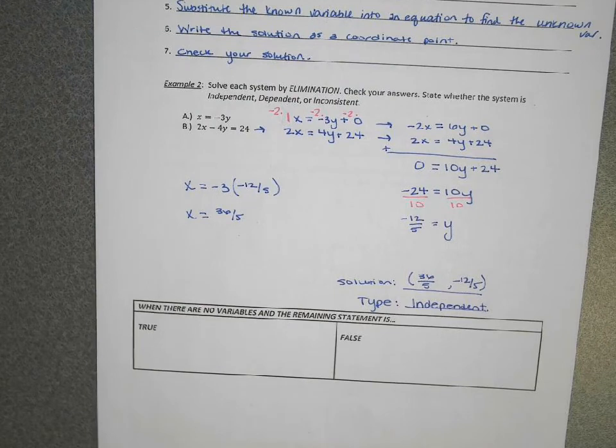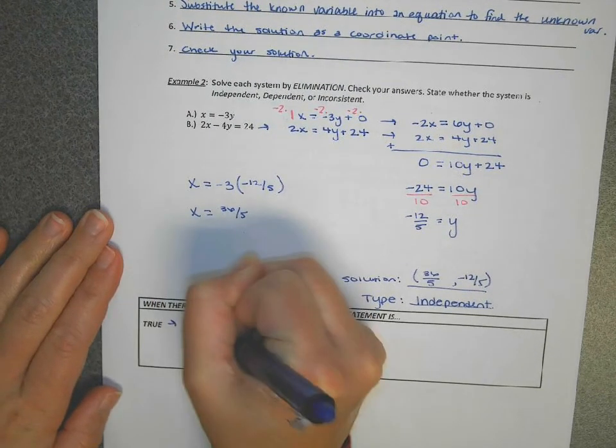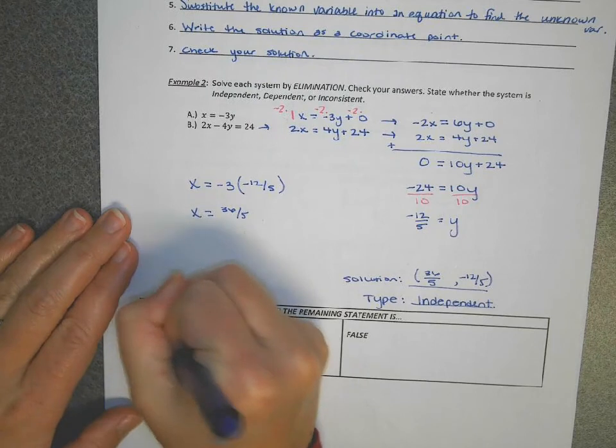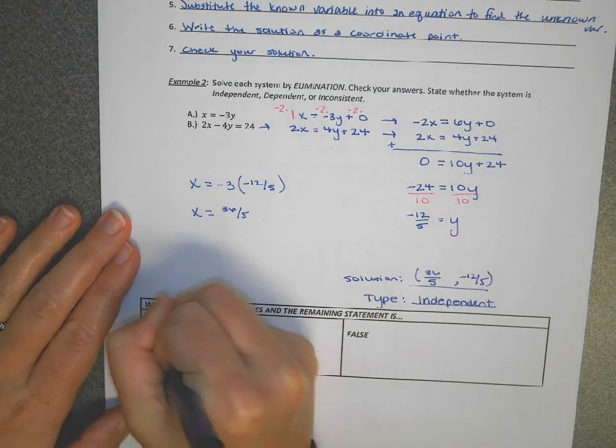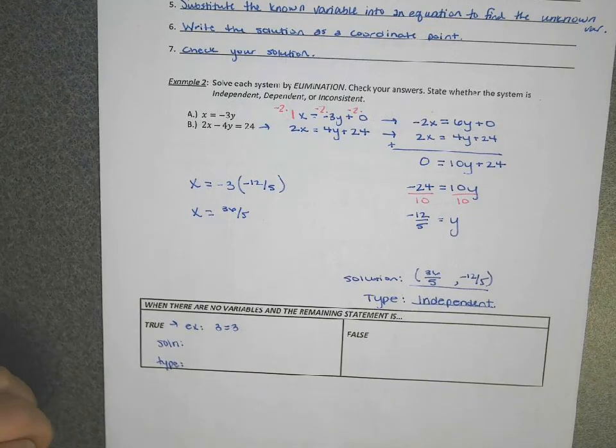So, if it is a true statement, so you get to a point where there's no variables left and you get a true statement, for example, maybe it says 3 equals 3, okay? What is our solution if this happens, and what is the type? What's the solution if I get a true statement?